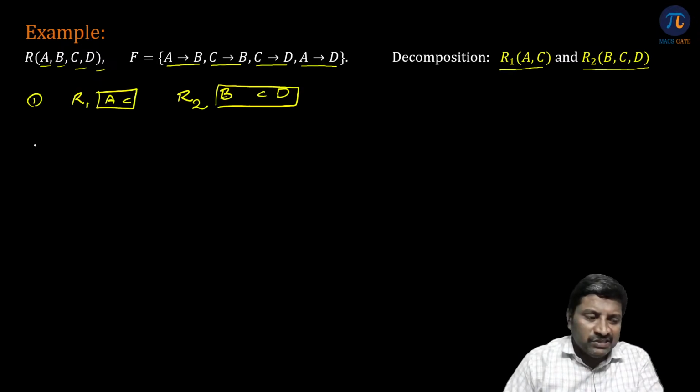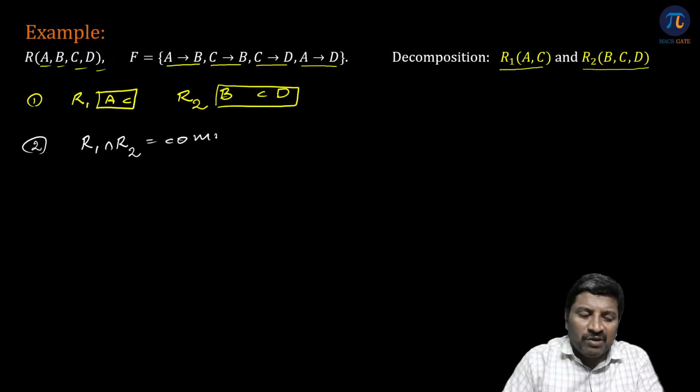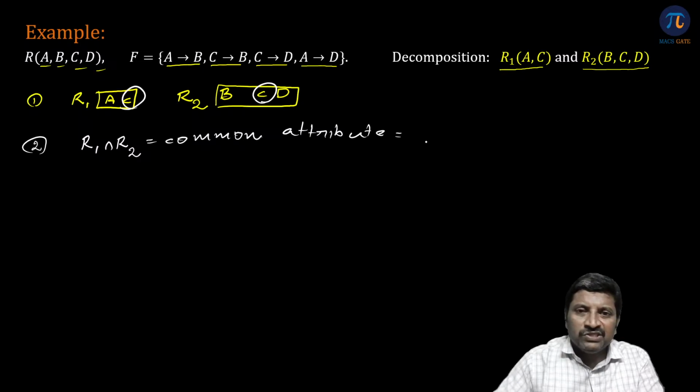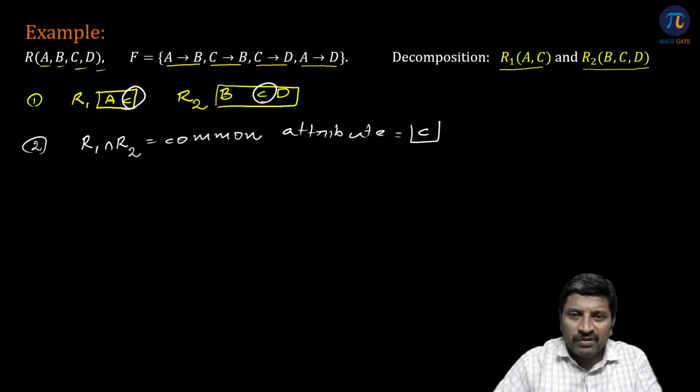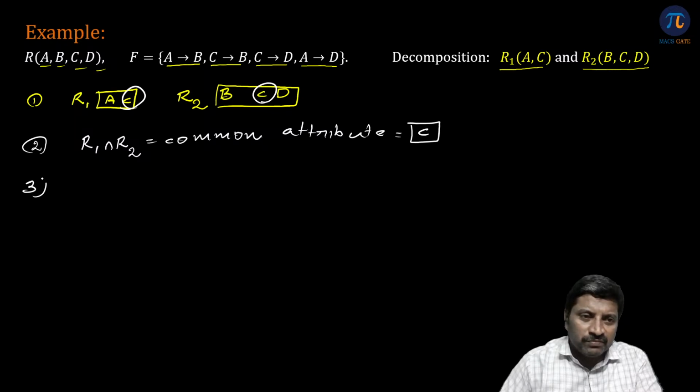And the second step is R1 intersection R2. Our intention is the common attribute. What is the common attribute, sir? C. Now find the closure.